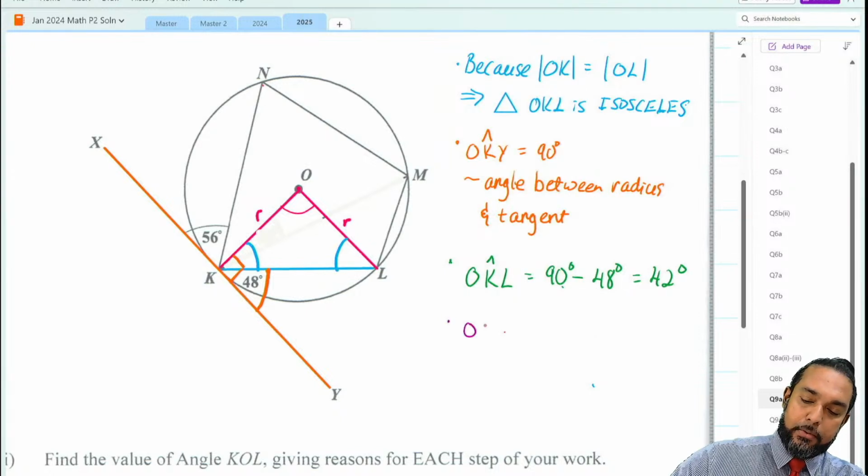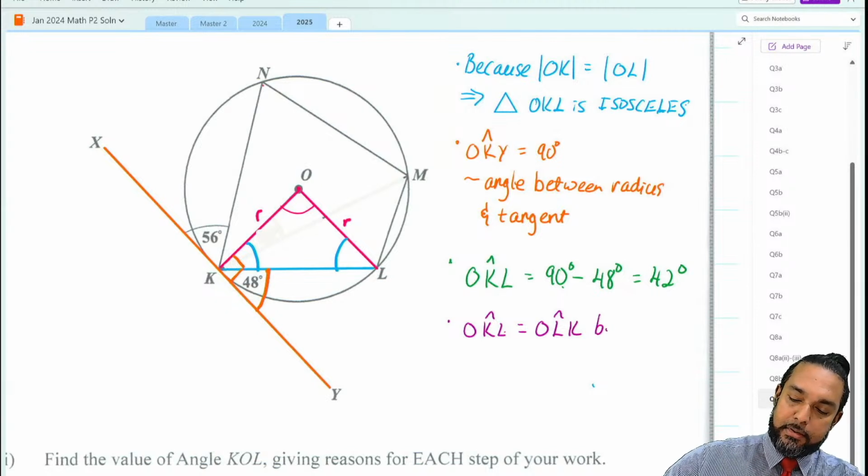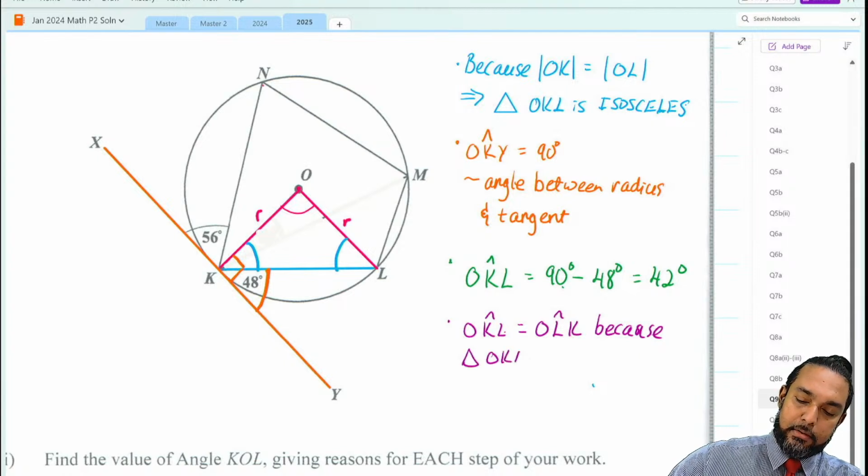And we know that OKL is equal to OLK, as in this blue angle here and this blue angle here, because triangle OKL is isosceles.